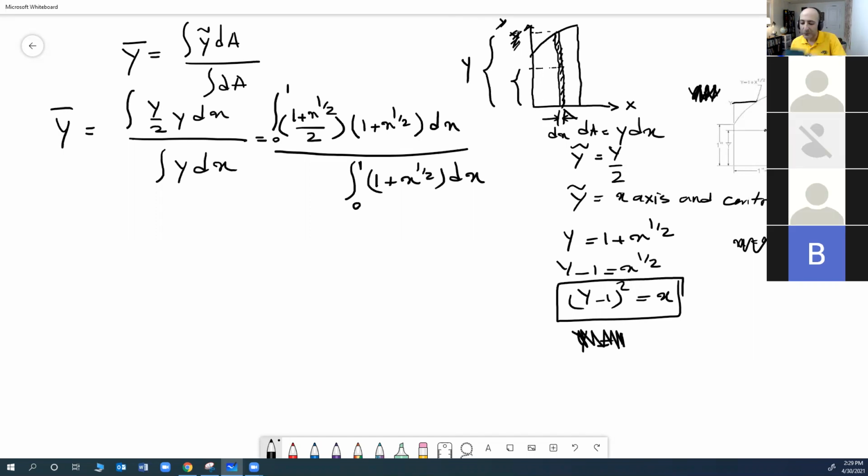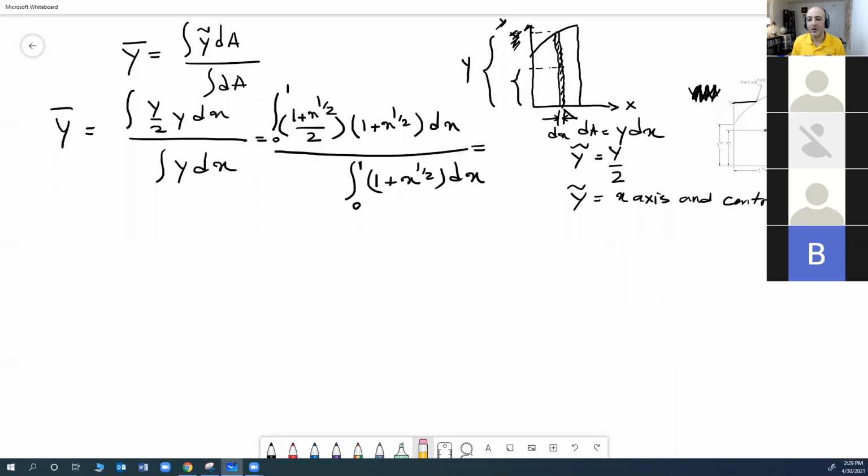I don't believe so. Okay. So I haven't done the final answer, but the solution I have right here is not correct either. So I don't have the final answer for this. Any questions about part 1? That was just y bar.